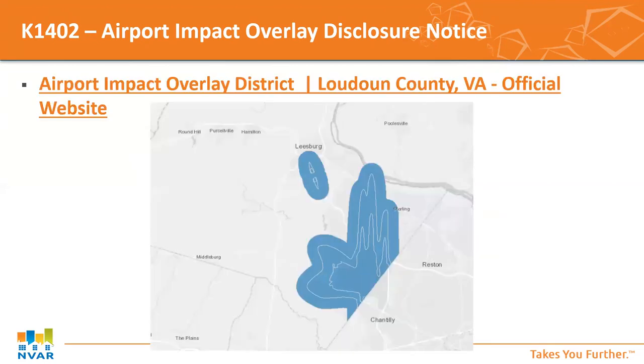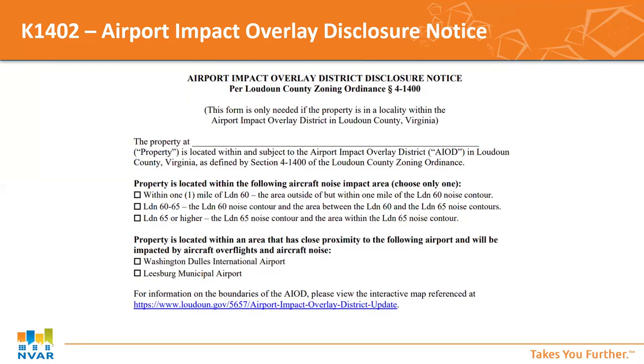Okay. Yes, I clicked on that link in the airport overlay thing. It brings me to a map and it shows me the blue things. Unfortunately, when you try to zoom in, there's no street names and you can't tell exactly where you are, and I don't see any place to type in an address. It should be on the upper right.